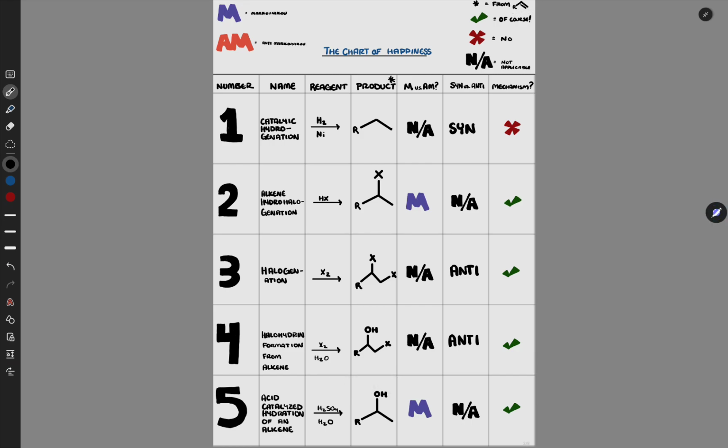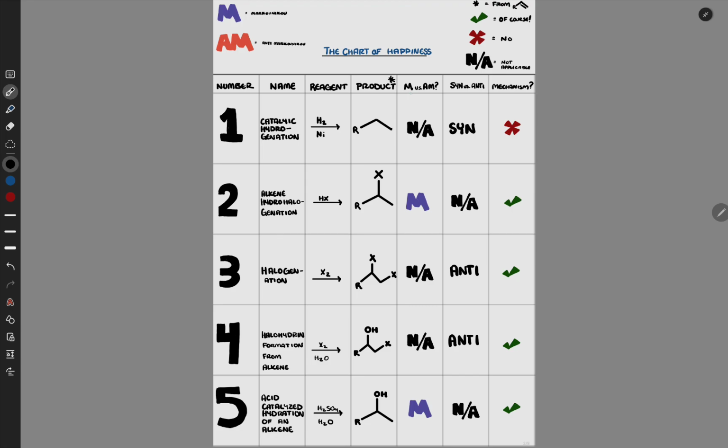So that is what we're working with. The check mark means of course or yes, and the red X means no. That has to do with the relationship between whether or not we need to know our mechanisms. So green check mark means yes. Red X means no, we do not need another mechanism.